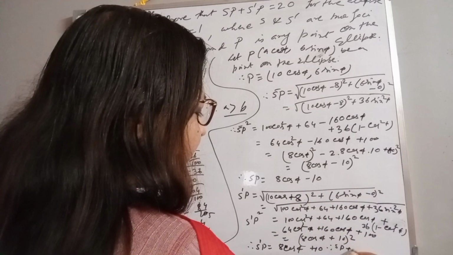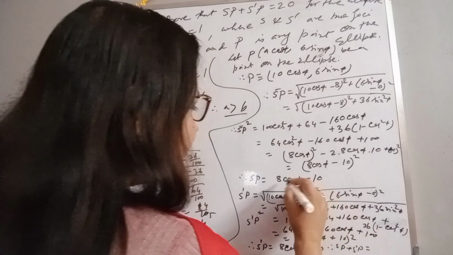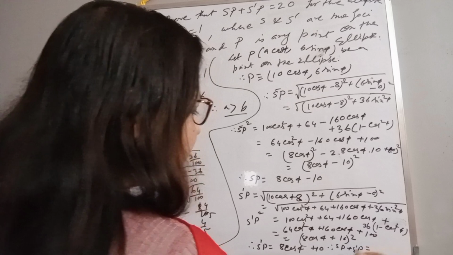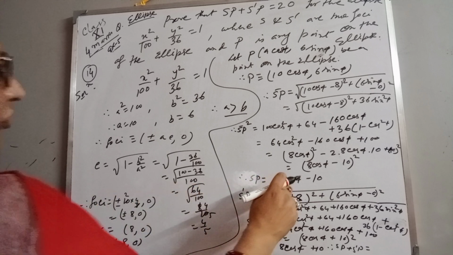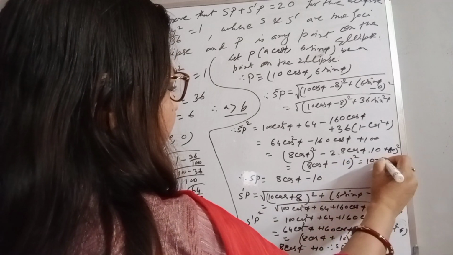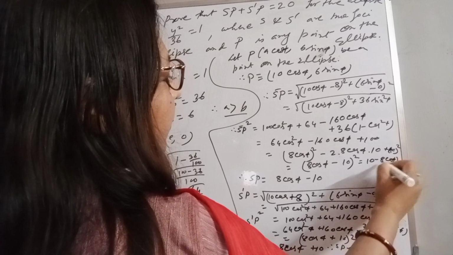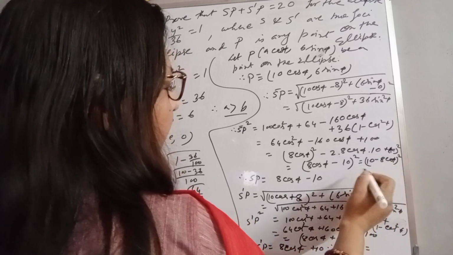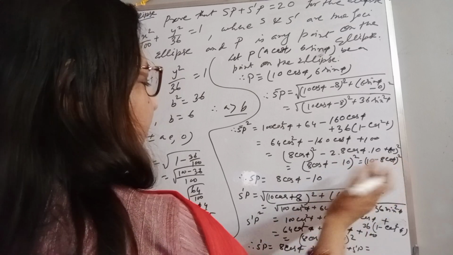Now add these two. Therefore SP plus S dash P will be, let's add these two. What we will get? 8 cos phi minus 10. This is whole square, na? So we can write here 10 minus 8 cos phi also. 8 cos phi minus 10 whole square means 10 minus 8 cos phi.